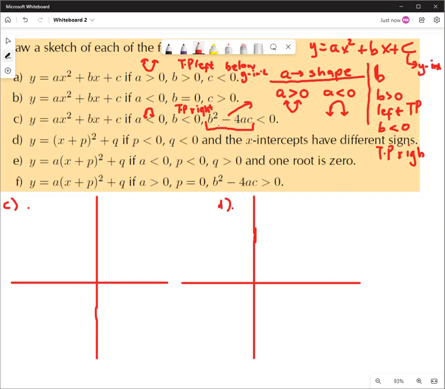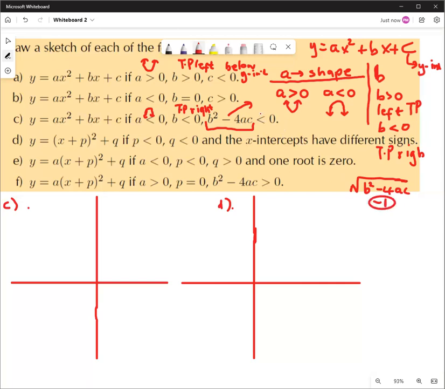Remember, if this part is less than 0, so it's negative, it means this. Remember, in the quadratic formula, you have B squared minus 4AC inside here, right? Which means you're basically going to have a negative number inside. You see? So like -1, for example.